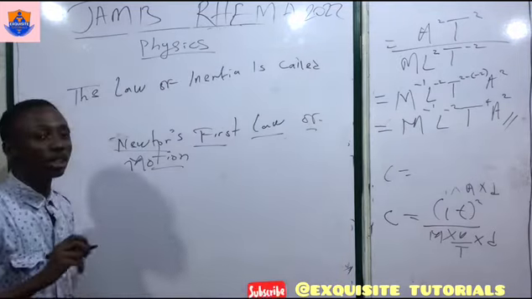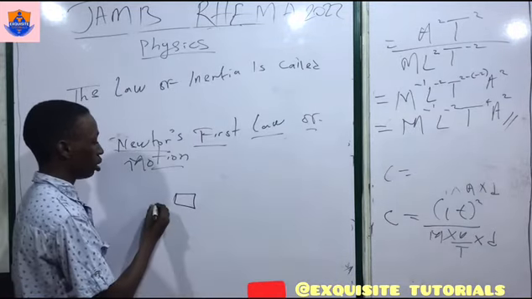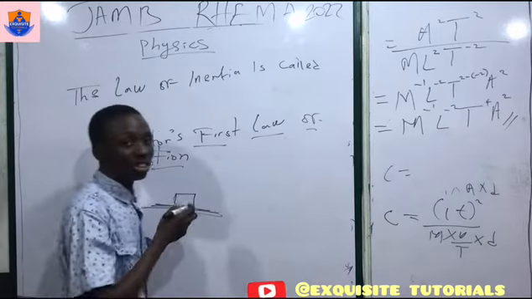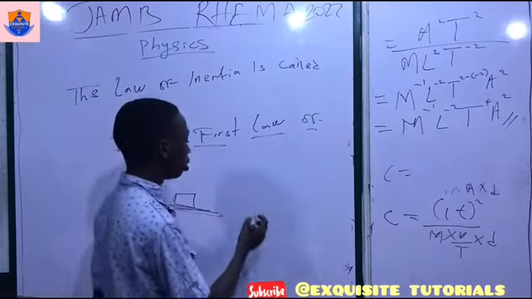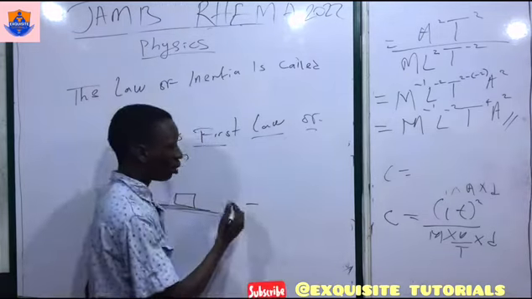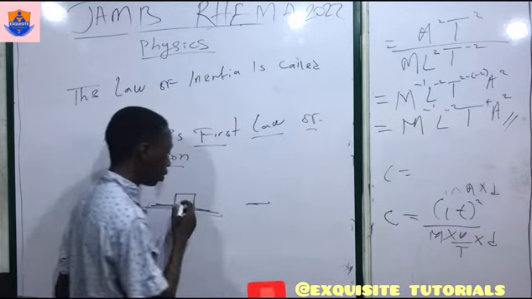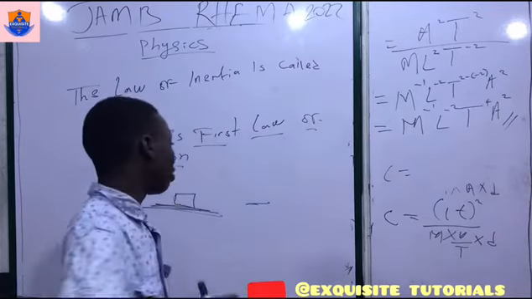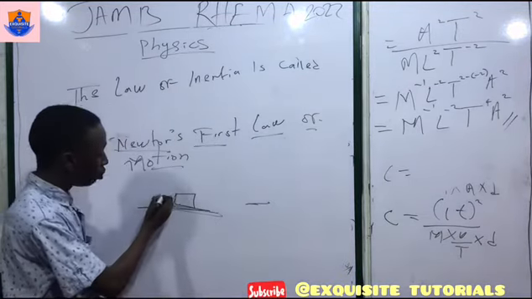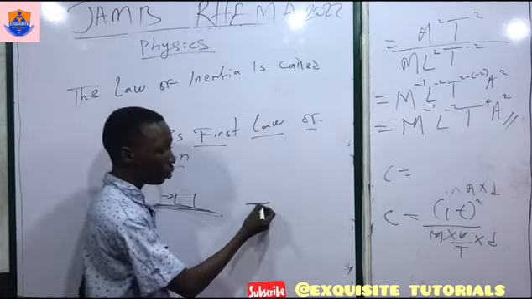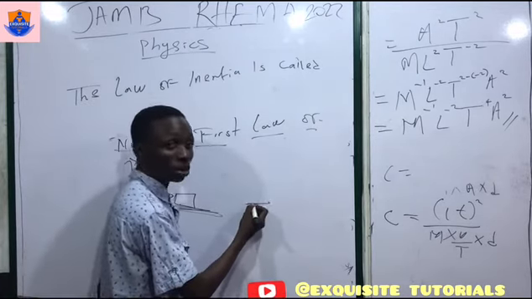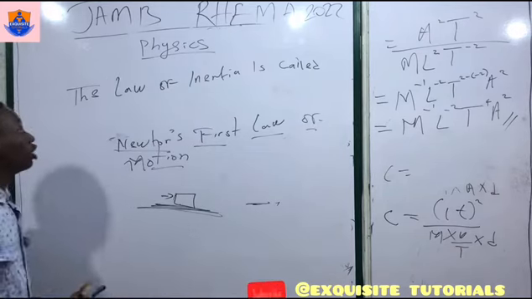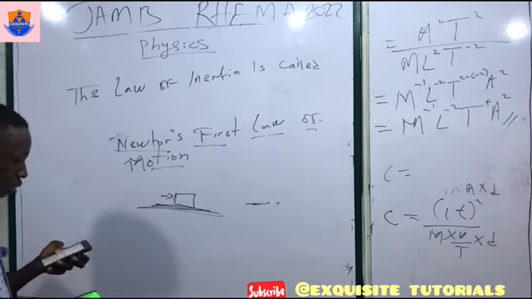Meaning, if you place a body on a table, or you place a body moving with uniform velocity at zero acceleration, the body can continue like that forever, or stay at rest forever, except there's an application of an external force. An external force can move this body, or make this body start accelerating. So the law of inertia is also called Newton's first law of motion.